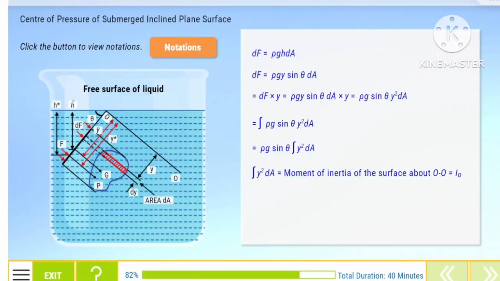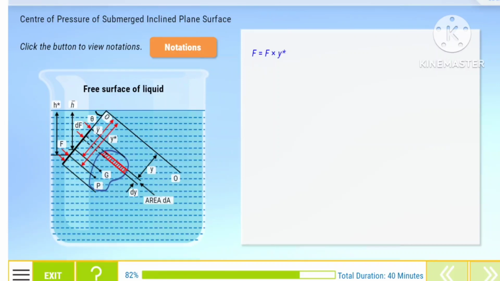Therefore, the sum of moments of all forces about O'O is equal to rho g sine theta I naught. The moment of the total force F about O'O is equal to F into y star. Here, y star is equal to the distance of center of pressure from O'O.